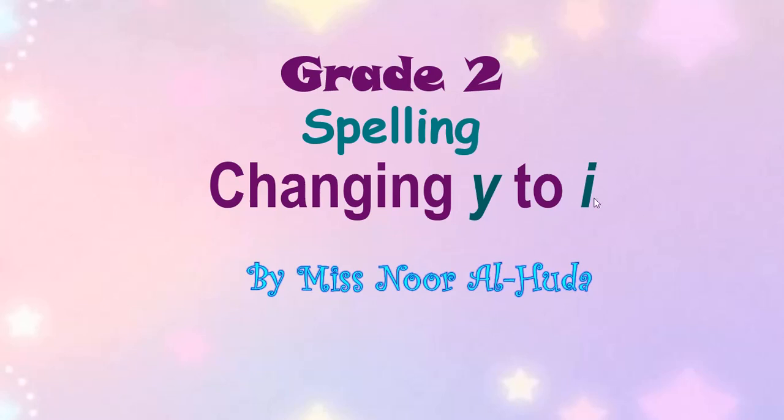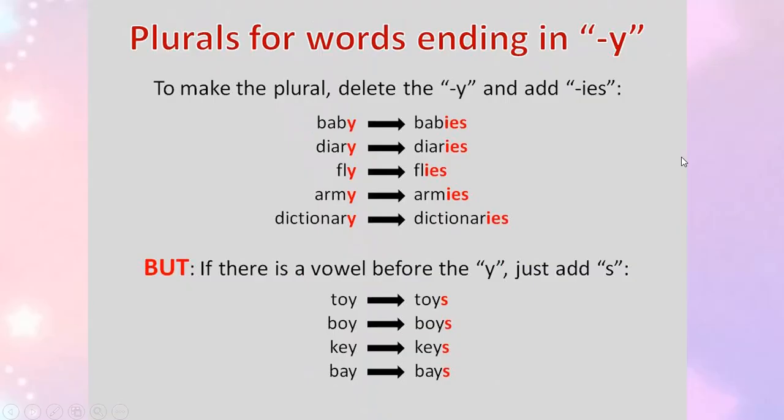We said when an adjective ends in Y that has a consonant before it, we change Y to I, then add ER, or change Y to I and add EST. Now in this lesson we are dealing with plural nouns. We will see how to make plurals of nouns that end in Y.